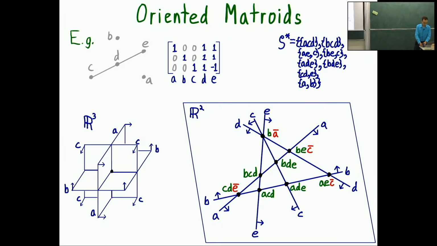So this is a more topological drawing of this orientation, where I have intersection points as co-circuits.